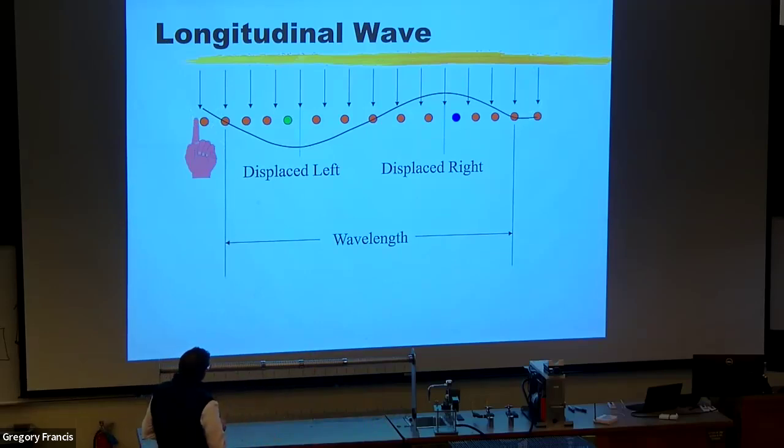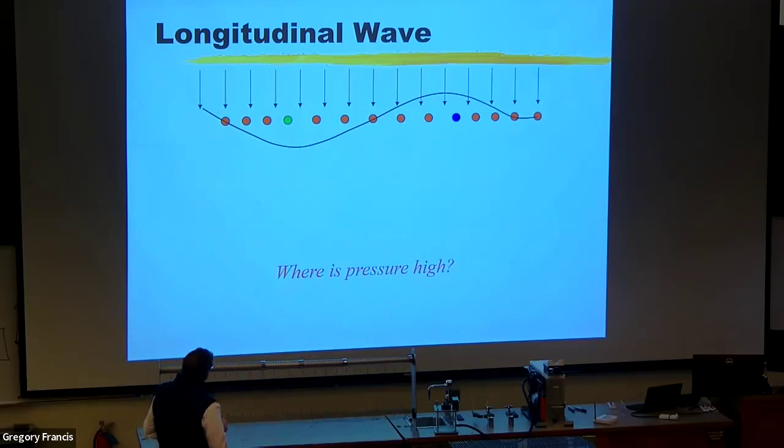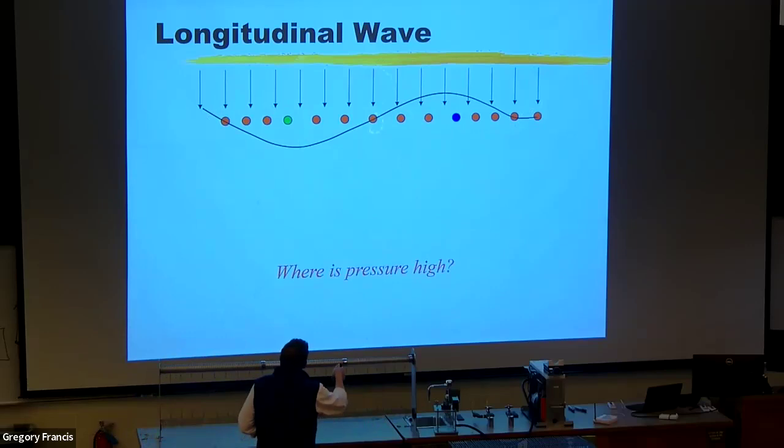Now, if I were to plot where the pressure is high, well, let's look at that. Here they're all bunched up close to each other, here they're all bunched up, and here they're all bunched up. I was confused before. Here they're spread out, okay?